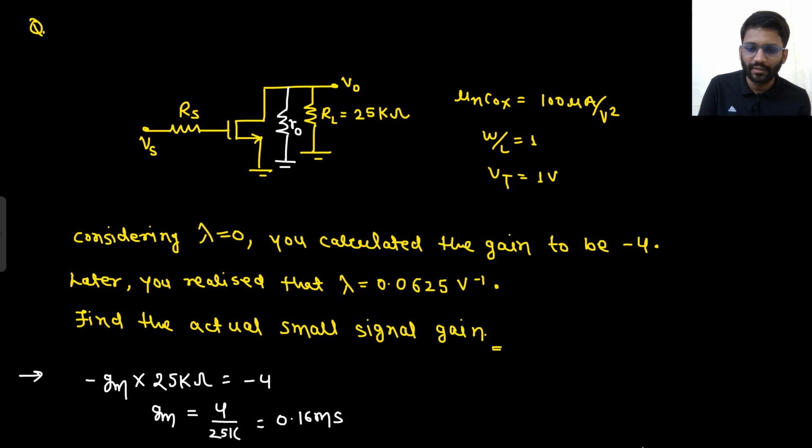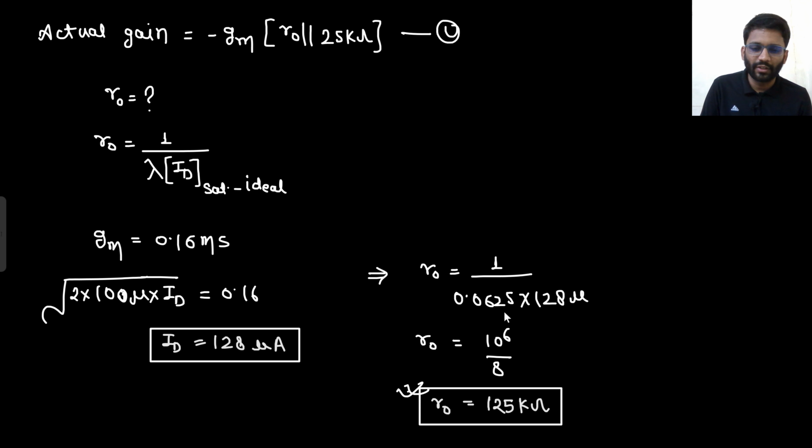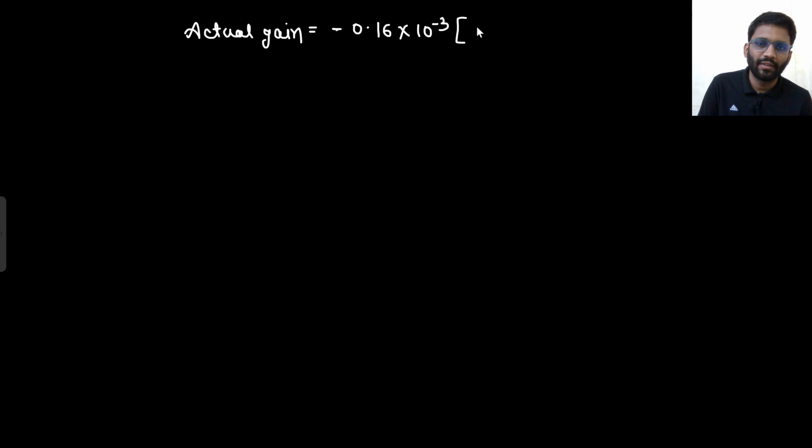Now I can write my gain. So what will be my actual gain? That is minus Gm, that is minus 0.6 milli. I will write 10 to the power minus 3 into 125 parallel with 25.